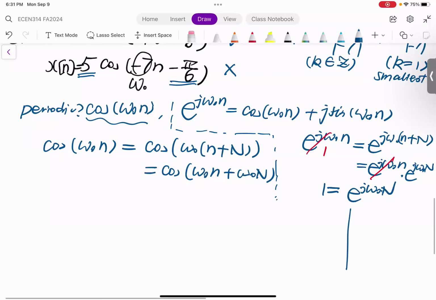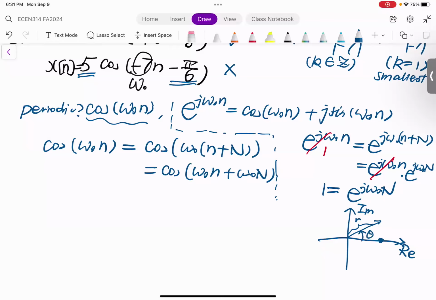So on the complex plane, you have real and imaginary. 1 is right here, right? As you know, we can represent any complex number by its length r, that's the polar form, and angle theta.